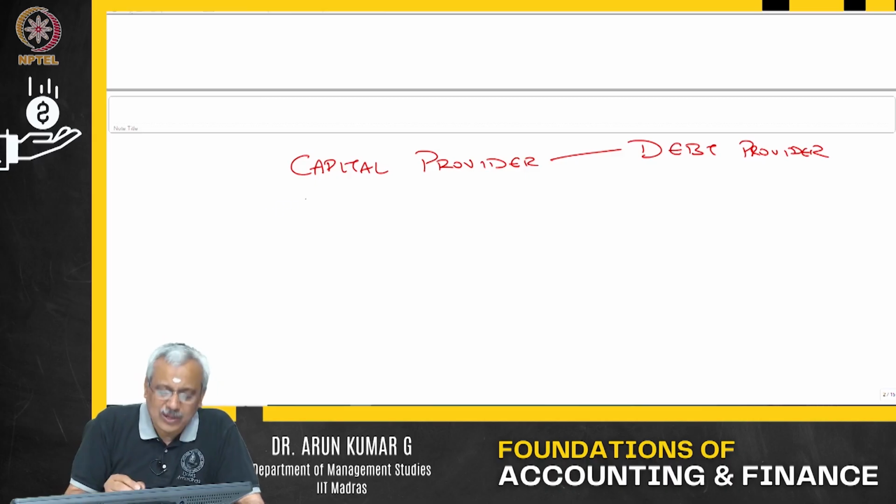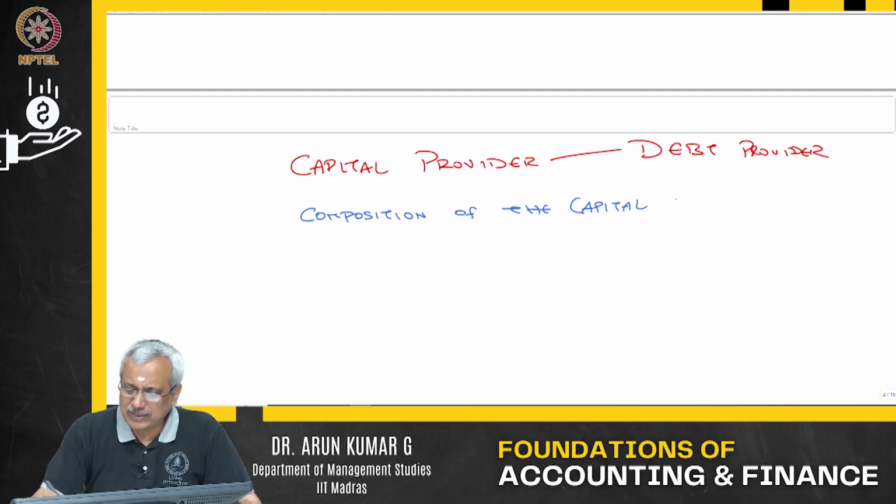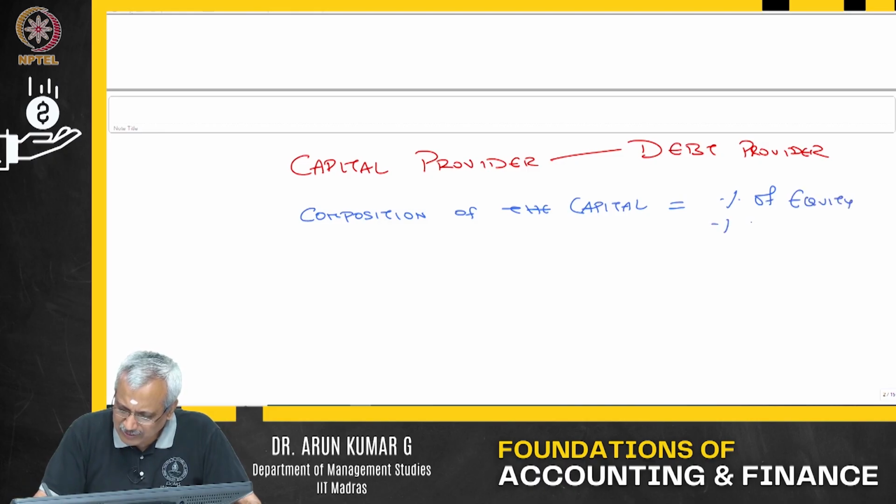What is the composition of the capital? When I say composition of the capital, I want to know what is the percentage of equity in the company, and what is the percentage of debt in the company.